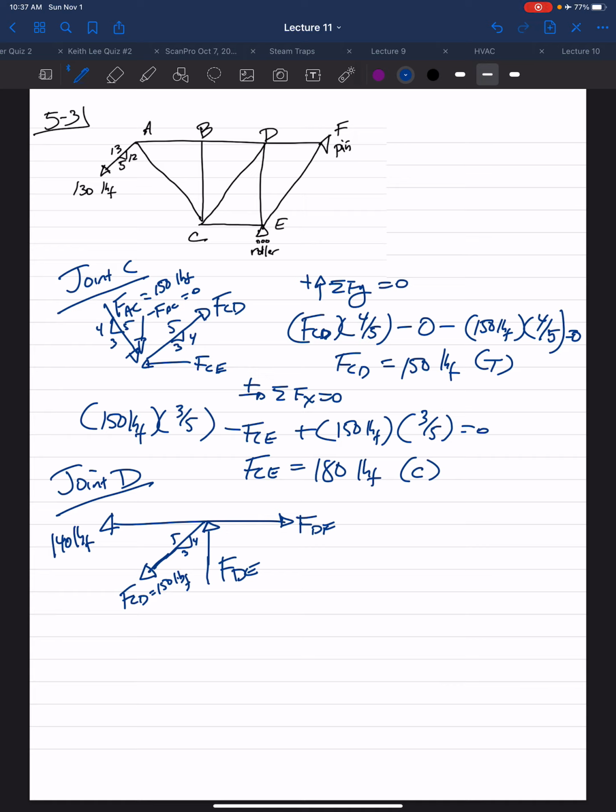So we have an unknown member force FDF, unknown member force FDE. We know FCD, and we know FBD. So two knowns, two unknowns.